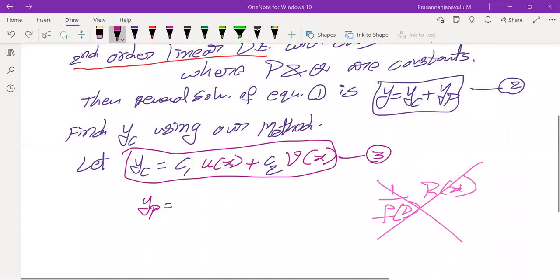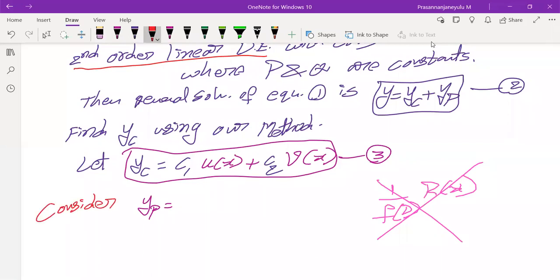That is, we have to use the word consider or assume. Assume yp is equals to capital A into u of x plus capital B into v of x.